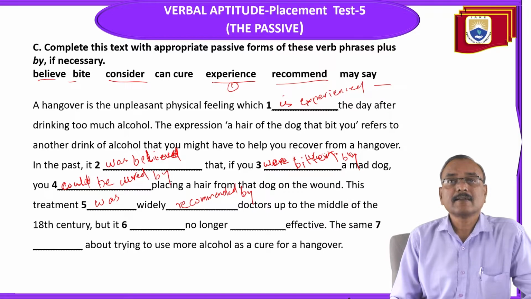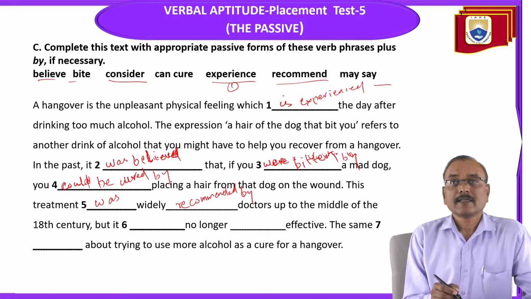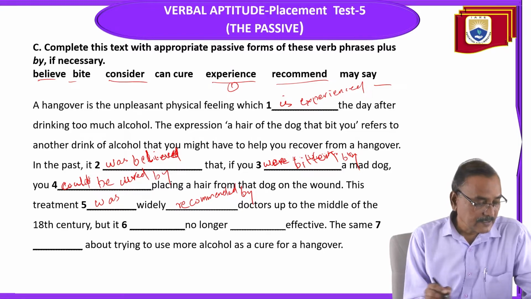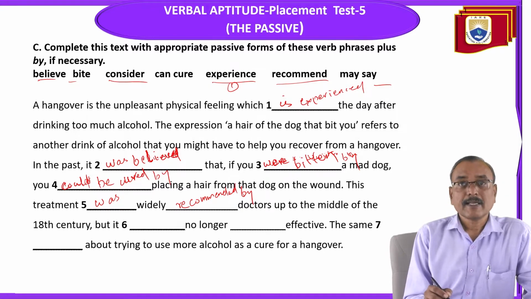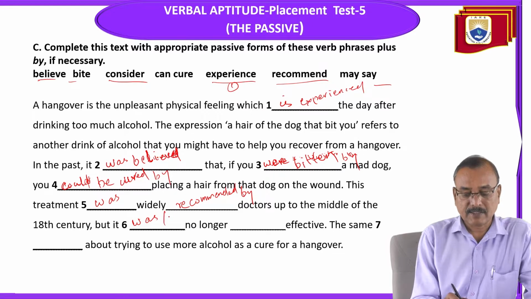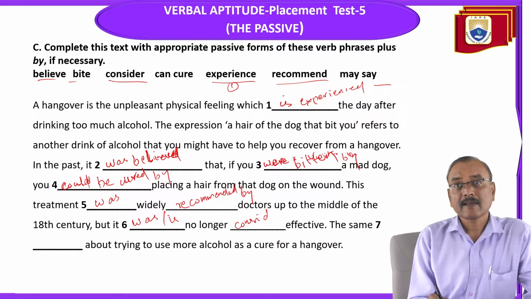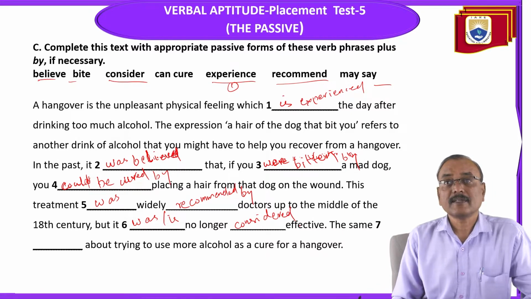So what is it? It was considered, it was no longer considered effective, right? So you can say here, it is or it was. So it was, or you can say is also now. It is no longer considered effective.